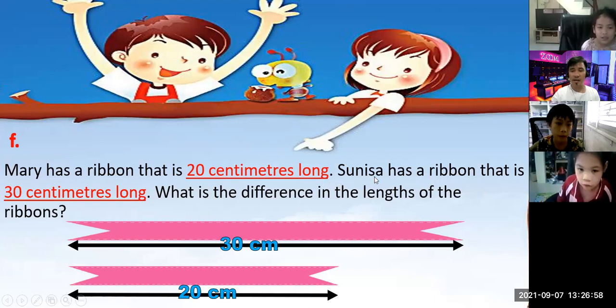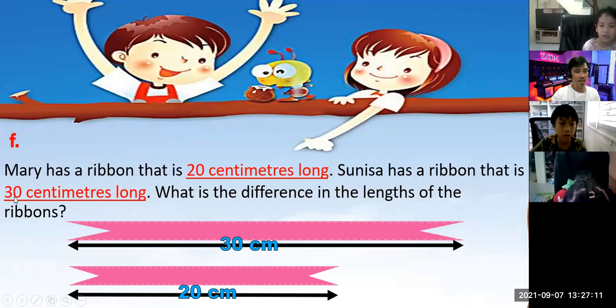And then Sunisa has a ribbon that is 30 centimeters long. What is the difference in the length of the ribbons?